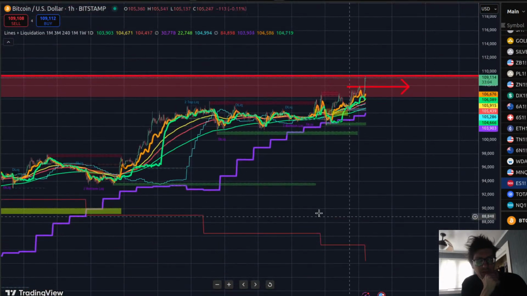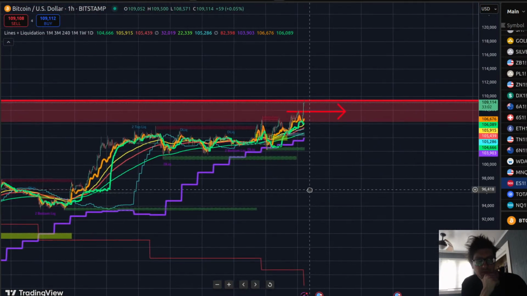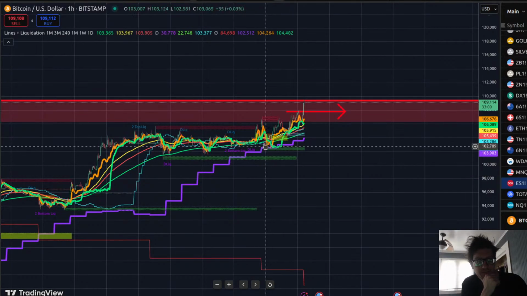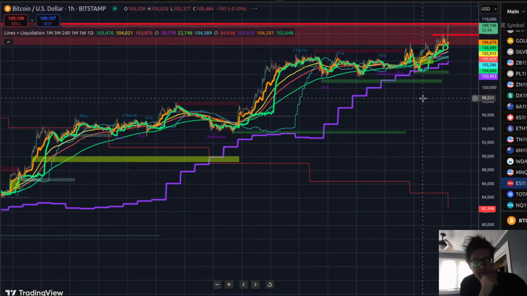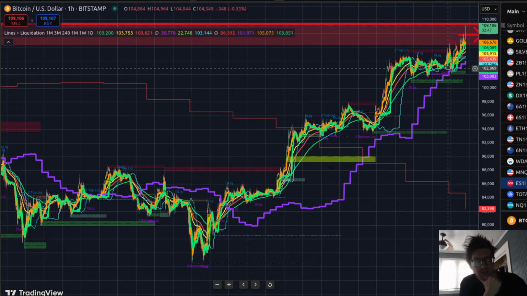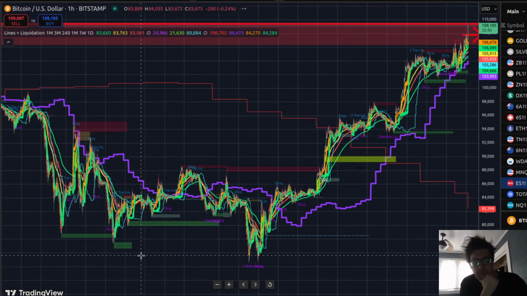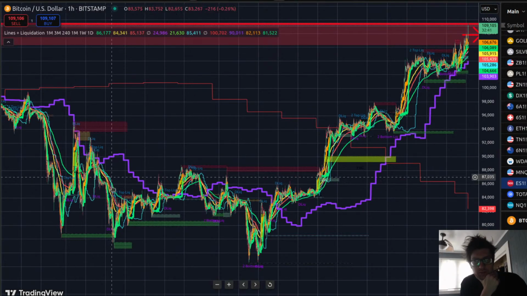We had a fake out to the downside right here. I basically called that little fake out. I pointed out this fake out here, and it kept going down, right?